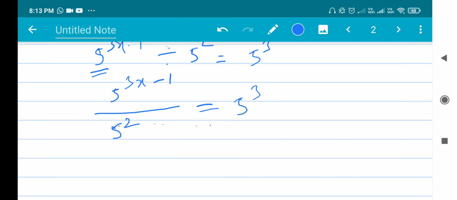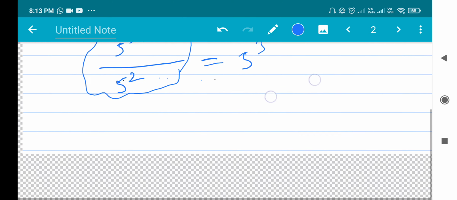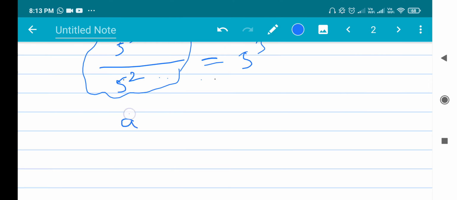See here, we can apply a property: a to the power of m divided by a to the power of n is a to the power of m minus n.